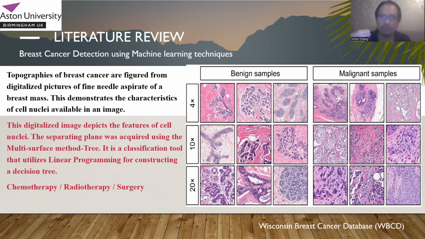And usually you will use an electron microscope just to see how the images look, and then detect whether those cells are benign or malignant. So then we can make them into digitalized form. Those digital images depict the features of all the cell nuclei, because the easiest thing to detect is that we zoom in at least 20 times under the microscope and look at the nuclei.